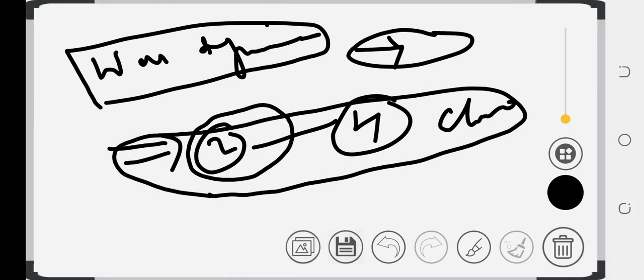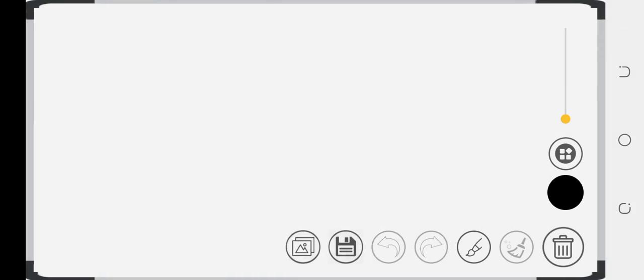So there is a collection, right? A well defined collection of well distinct objects. It means there is a collection of objects. It is a collection of objects, sorry.